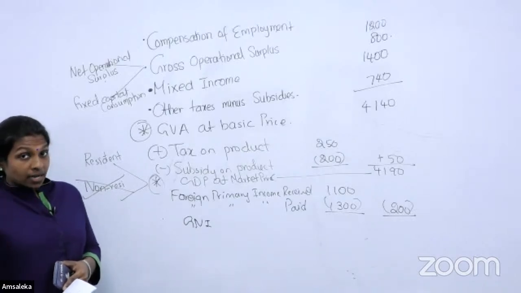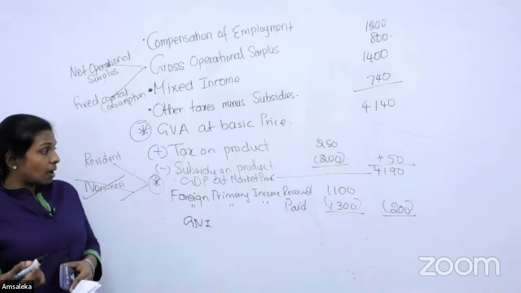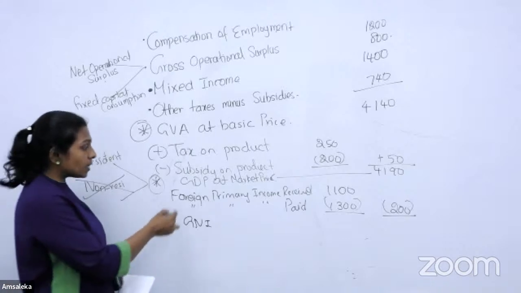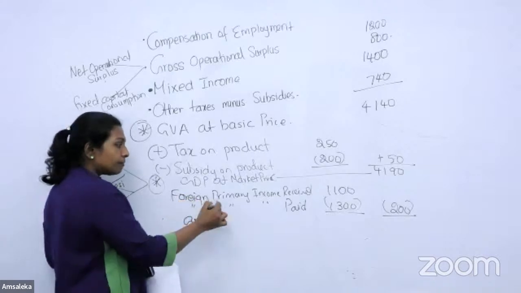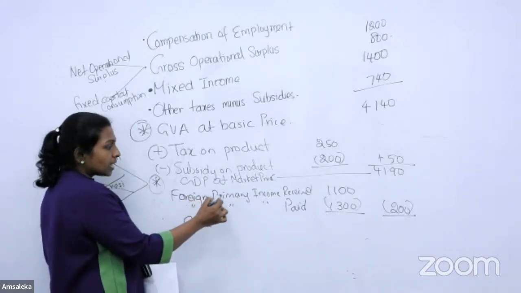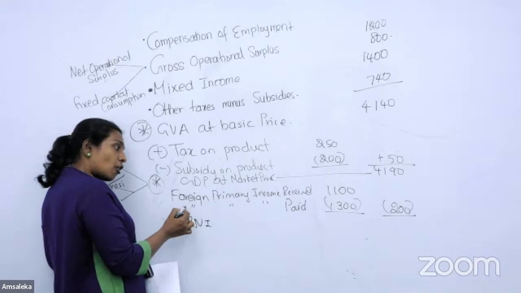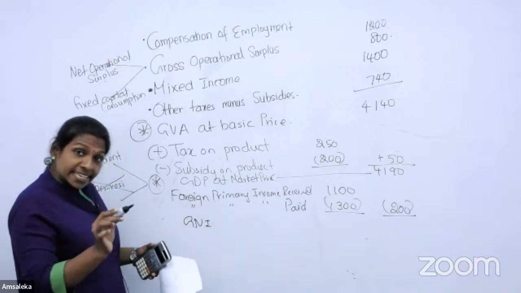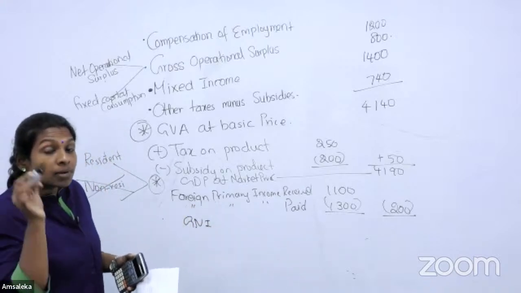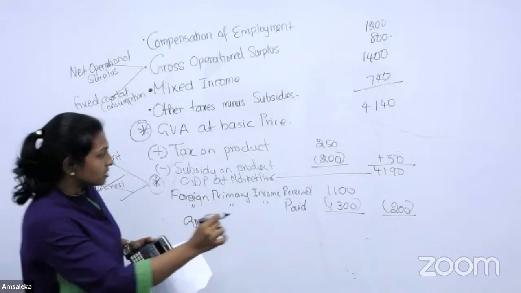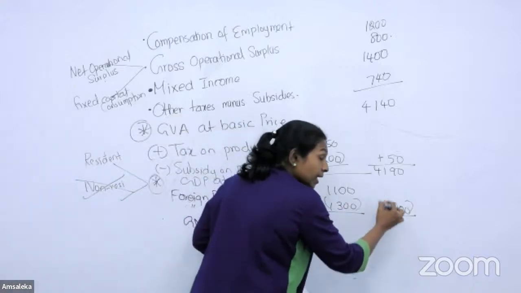Please remember, if the answer is in bracket, it is the net primary income. Foreign primary income received minus foreign primary income paid is the net primary income. Keep that in your mind.